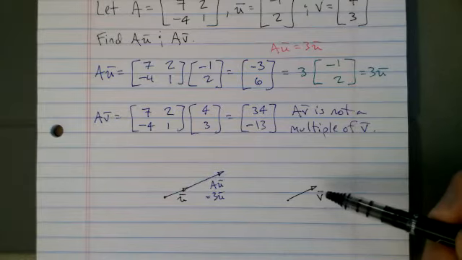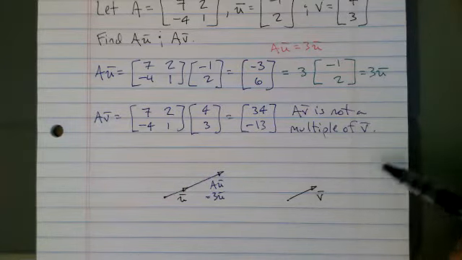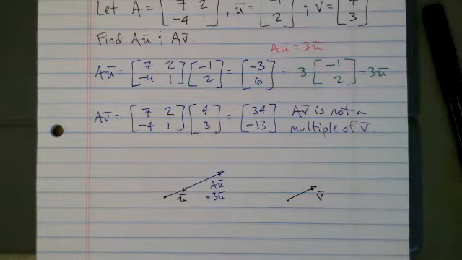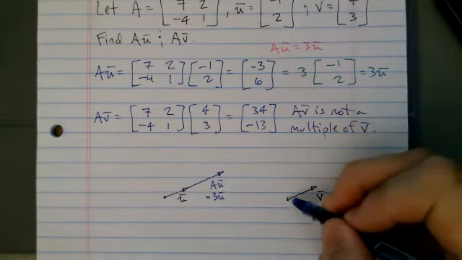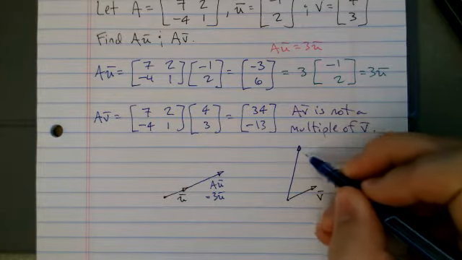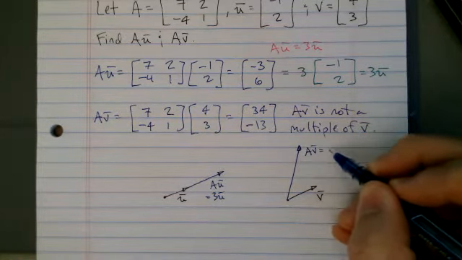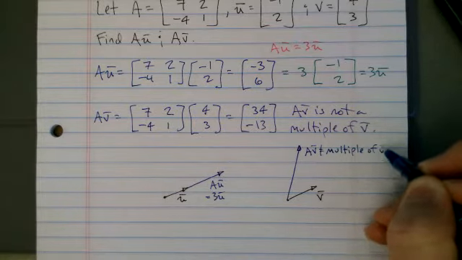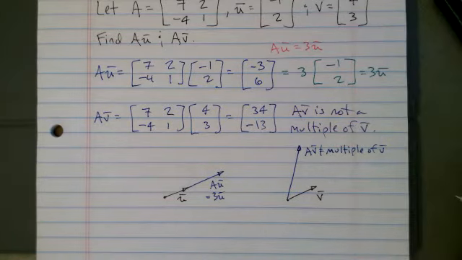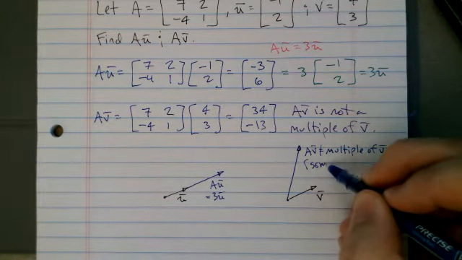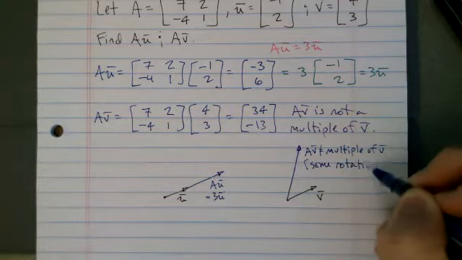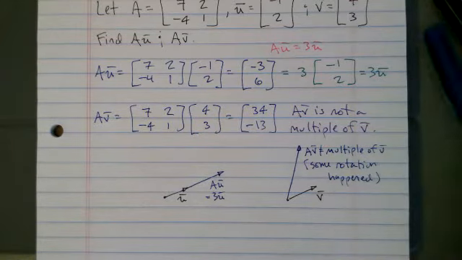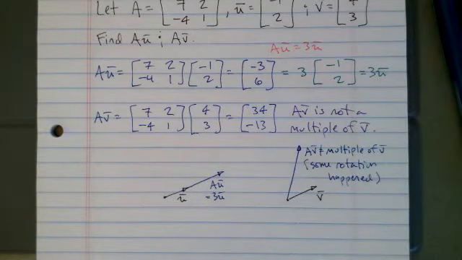When we multiplied V by the matrix A, we didn't just stretch out V, we rotated it in some other direction. So A times V is not a multiple of V. There's some rotation that happened in addition to the stretching, because this 34, -13 is longer than 4, 3.